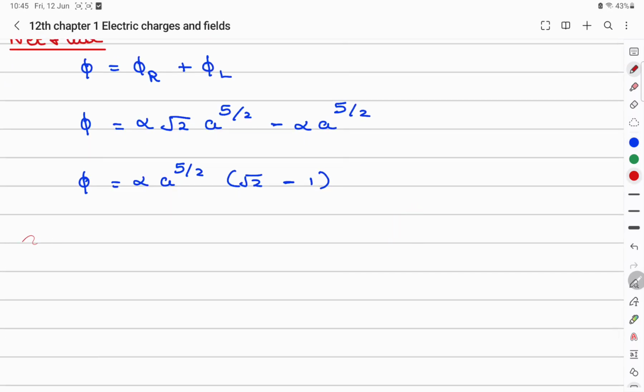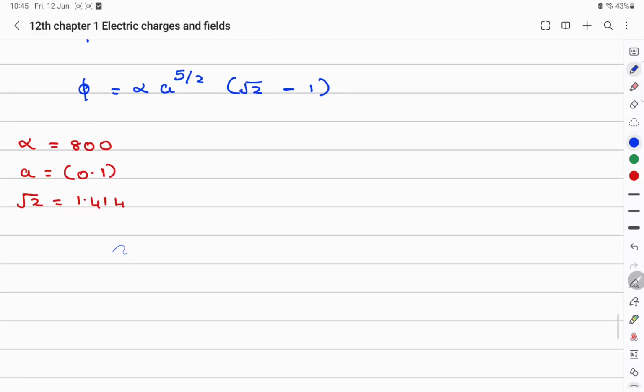Substitute the given quantities. Here alpha is equal to 800 and a is equal to 0.1, and root 2 is equal to 1.414. So we will get phi is equal to 800 into 0.1 power 5 by 2 into 1.414 minus 1.